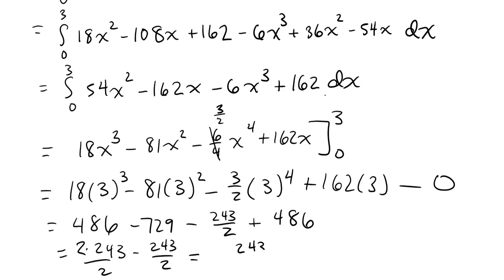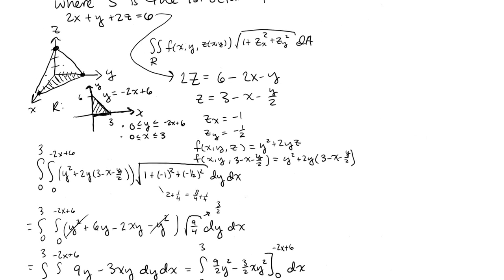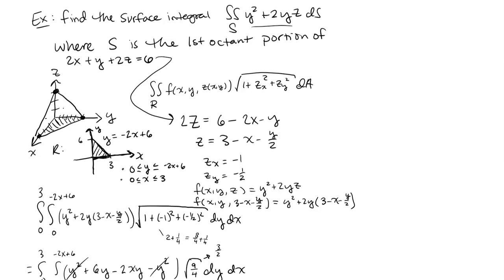So we're going to be left with 243 over 2, which is what I was supposed to get, so that's a good thing. So a little bit of algebra and arithmetic to do, but not too bad there. But again, the big idea is how to set up this surface integral at the start, kind of going through all those steps of getting it set up and getting all the pieces where they're supposed to go.